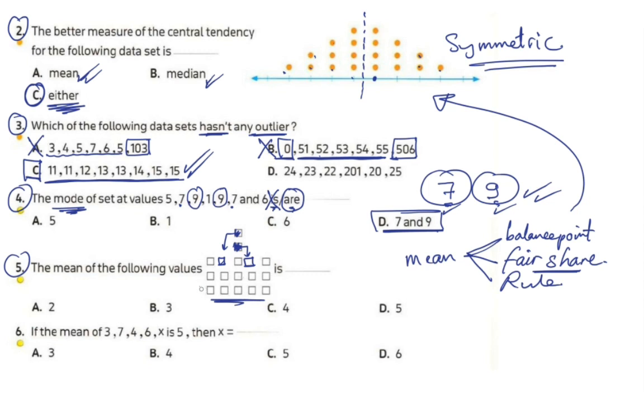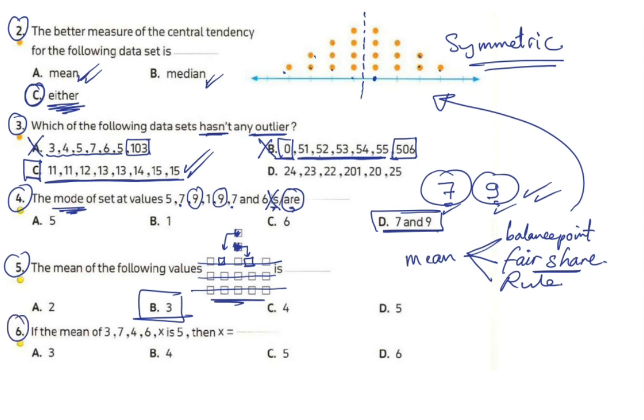Now we have 1, 2, 3 rows. So each column has 3 squares. So the fair share is that every column has 3 squares. So 3 is the correct value of the mean.